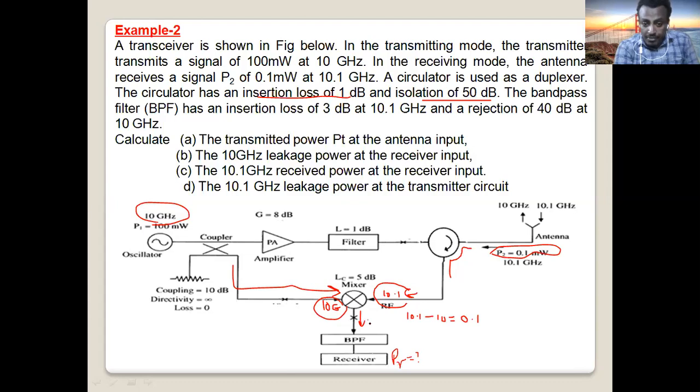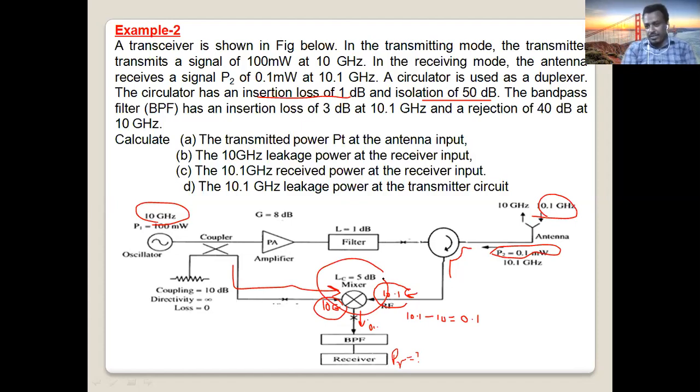So here we have only the carrier of the information. Then the receiver will demodulate and process your information and so on. But before that, the carrier frequency that comes from the antenna is 10.1, which is a very high frequency. By using this mixer, we down convert the frequency from 10.1 to only 0.1.